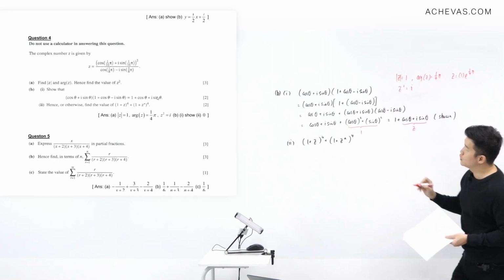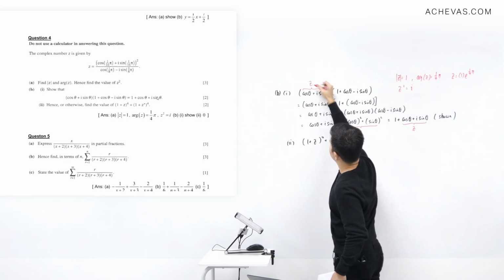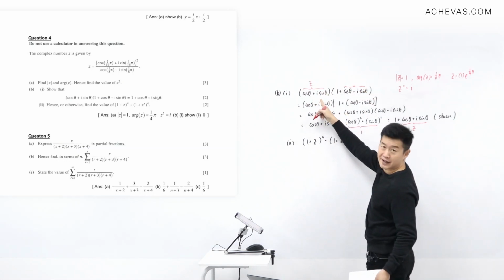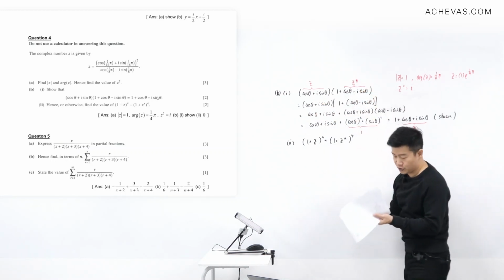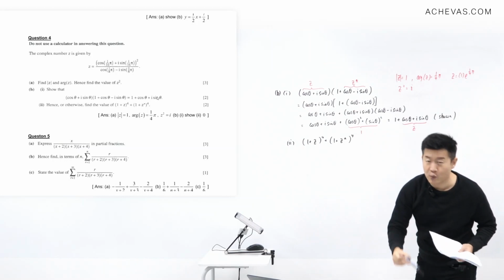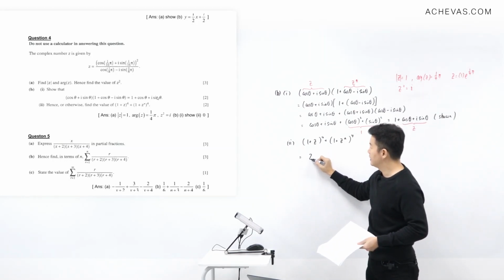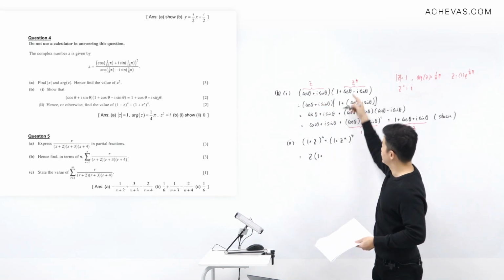Because if I can do so, then this here is going to be like z, and this over here, cosine theta plus i sine theta, is z. That means this over here is going to be z conjugate. So let me try to re-express this as z multiplied by 1 plus z conjugate.